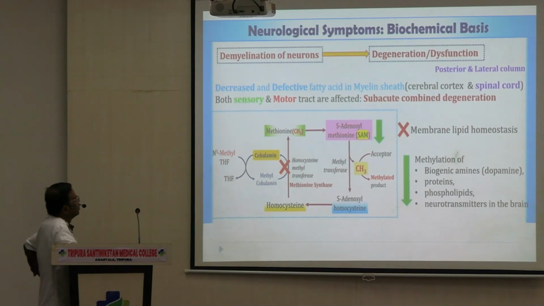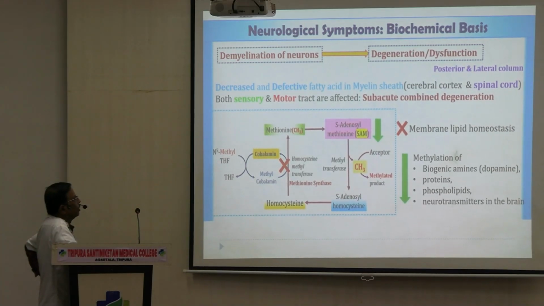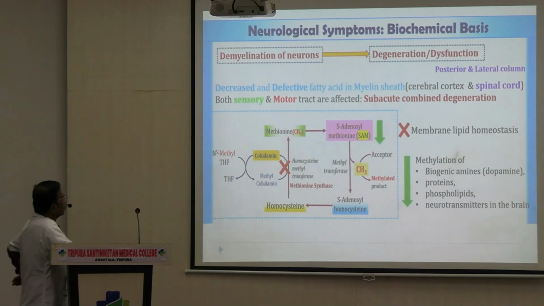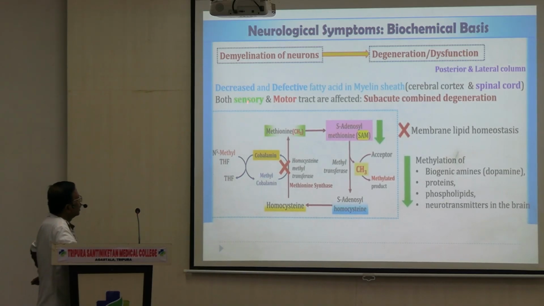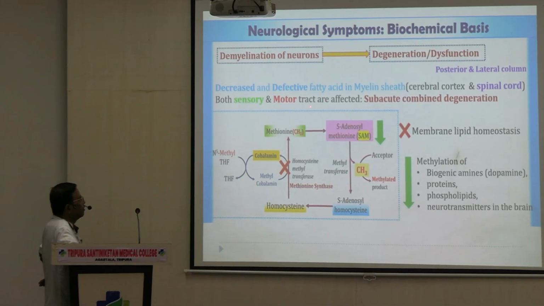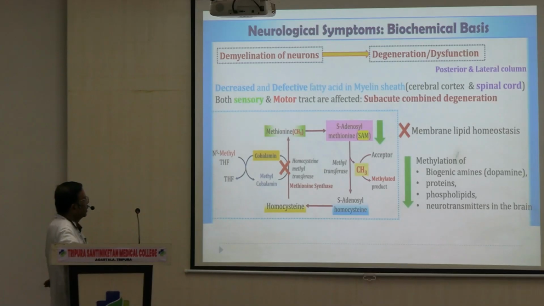Demyelination of neurons, decreased and defective fatty acid synthesis in myelin sheath, cerebral cortex and spinal cord. There will be both sensory and motor defects. That's why it is called subacute combined degeneration.